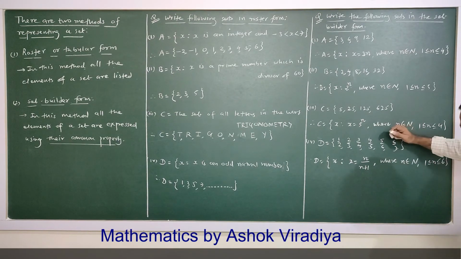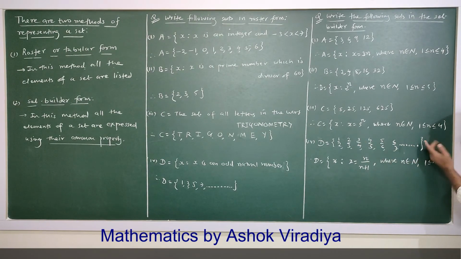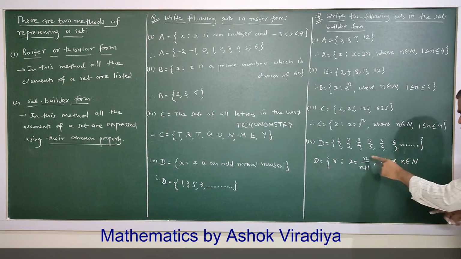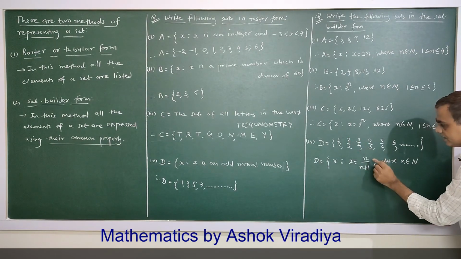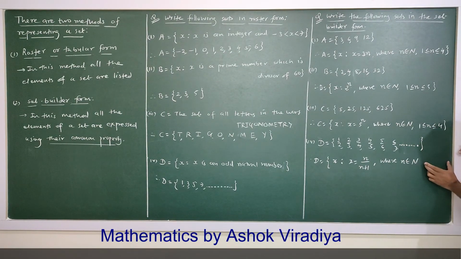And see, if I change this question, if I put dashes here, if this is an infinite set, the elements go up to infinity on this pattern. There are infinite elements, so this is an infinite set, and then I should remove this restriction. Here elements are still coming: n equal to 1, 1 by 2, put 2, 2 by 3, then put 6, 6 by 7, still they are coming up to infinity, so don't bound your limit.